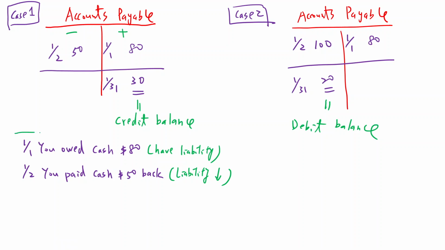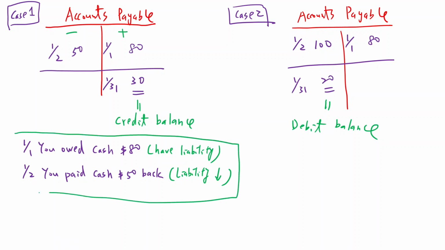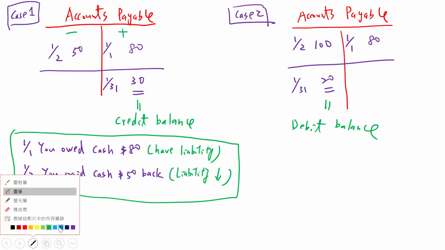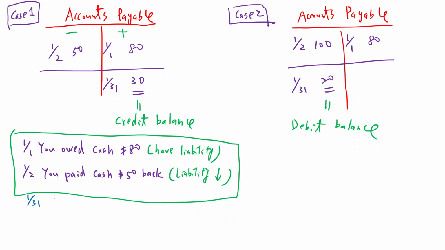Based on this, in the end, on the last day, you still owed $30. Means you still have liability. Makes sense, right? I have a liability $80. I just pay $50 back, so I still owe the money $30.